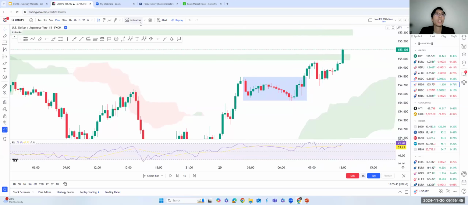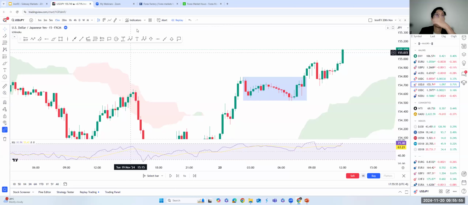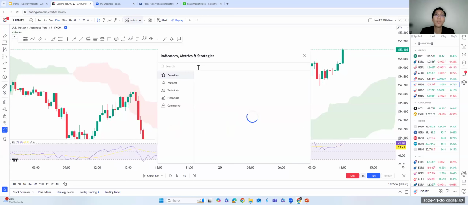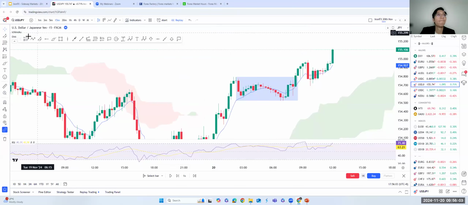Let me show you guys a cheat code. I'm not sure if this works for other pairs, but let me show you guys a cheat code. Maybe you guys will find this interesting. I'm not sure if you guys have tried this before, but okay, let's turn this off.